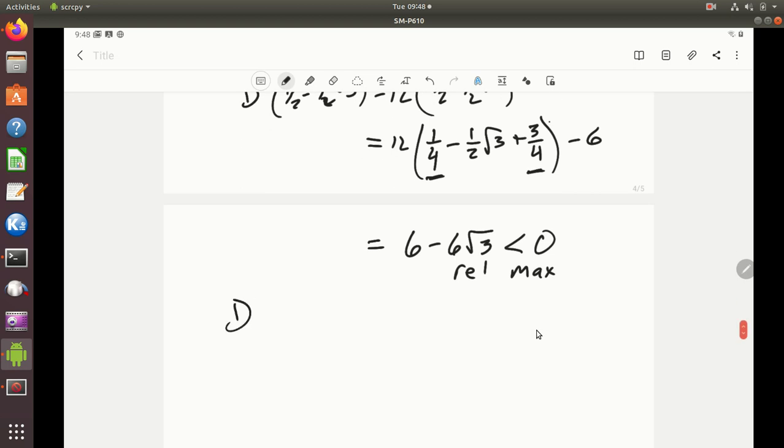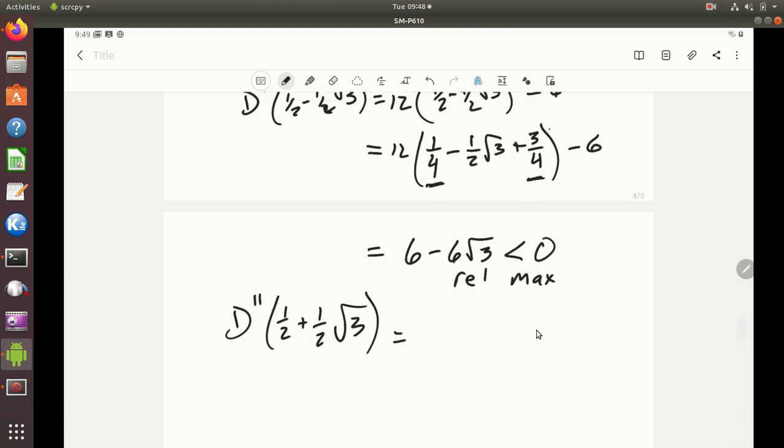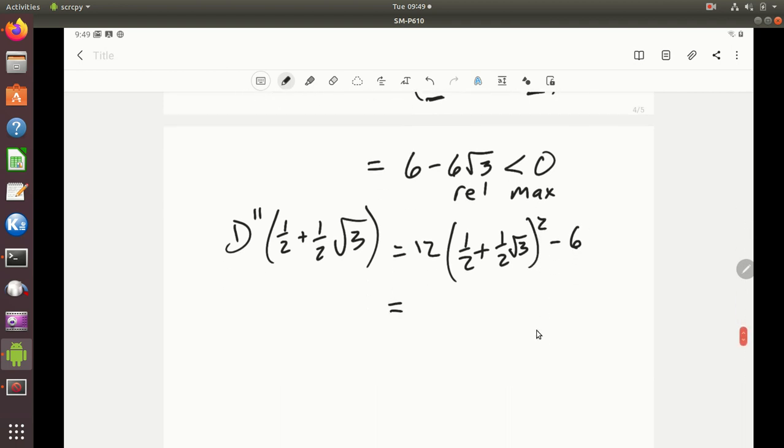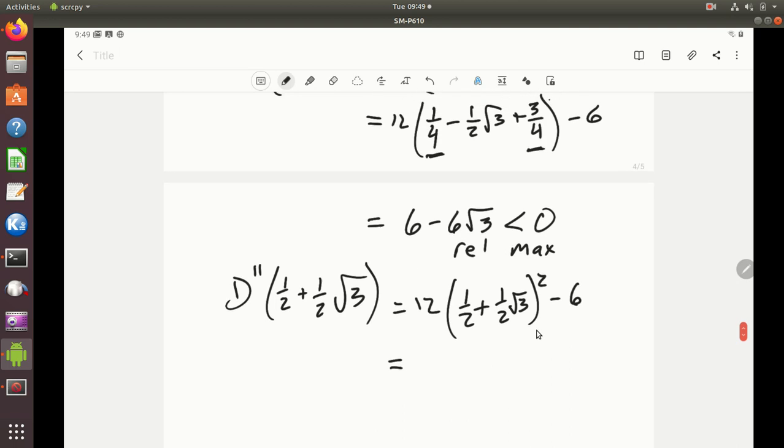And then d double prime of 1/2 plus 1/2 square root of 3 is equal to our 12 times 1/2 plus 1/2 square root of 3 squared minus 6. Well, we get almost the same thing we did before. We will get our 12 times 1/4, but then plus 1/2 square root of 3 and plus 3/4 minus 6.